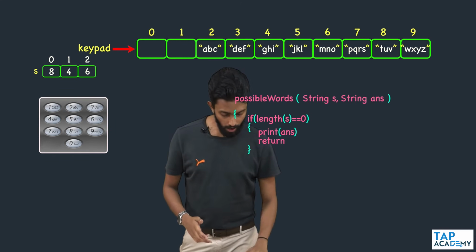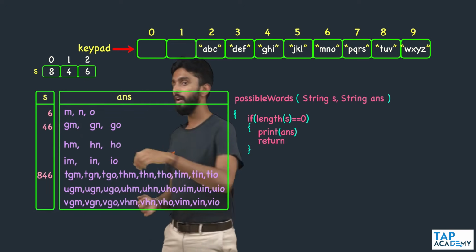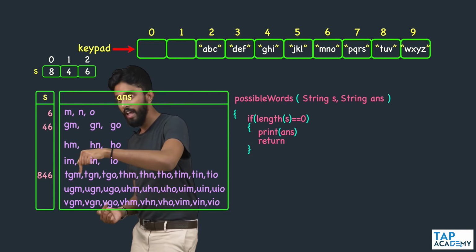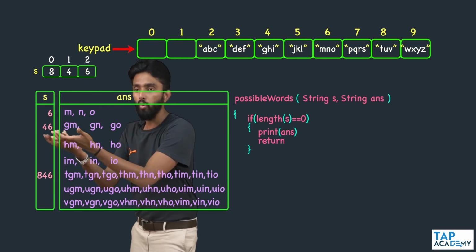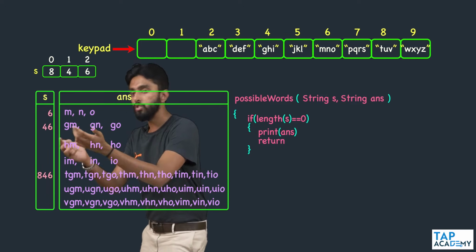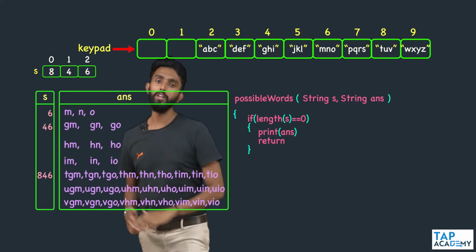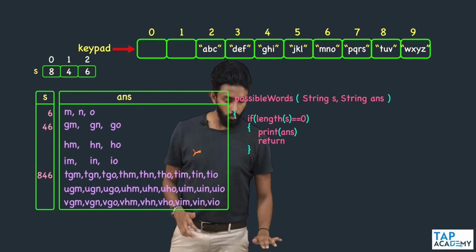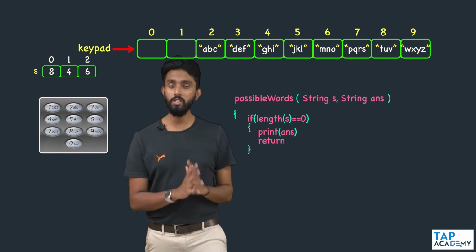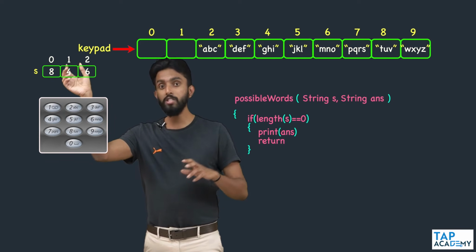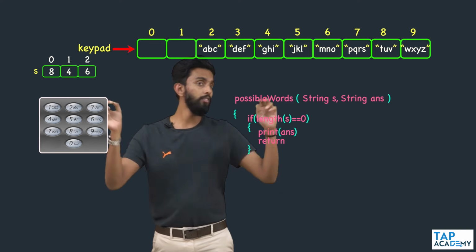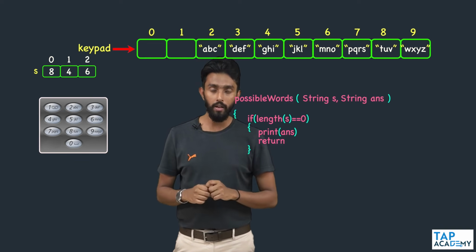See, that is what I'm also just showing you here. That's what we did, right? 8, 4, 6 means 8 has T, U and V. To T, attach all the combinations of 4, 6. To U, attach all the combinations of 4, 6. To V, attach all the combinations of 4, 6. Which means, would you agree with me that first and foremost, I have to get all the combinations associated with 8, which is nothing but T, U, V, right?